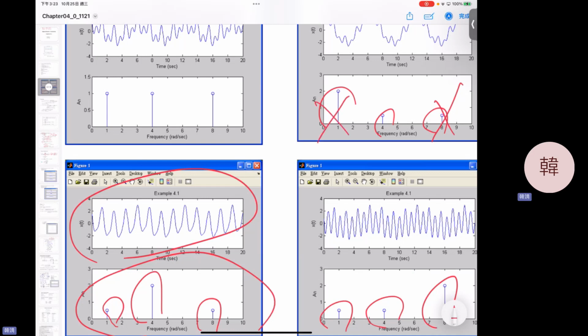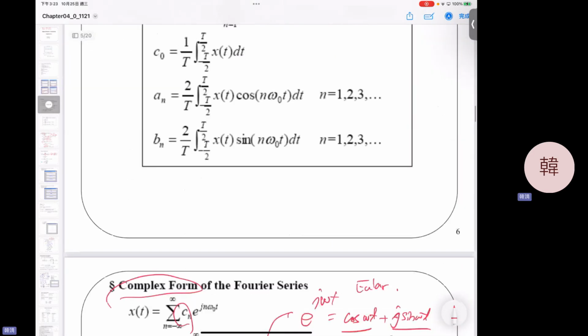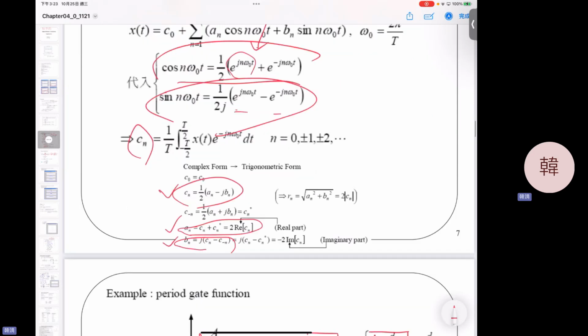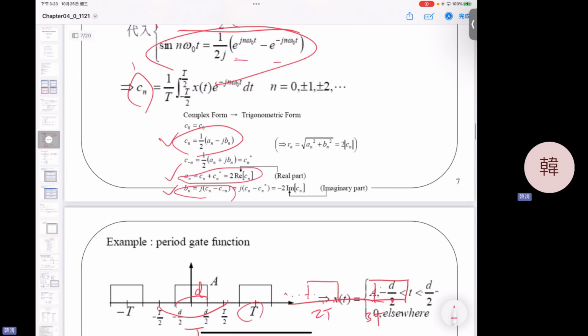It becomes a low pass filter or high pass filter, depending on your design. So what you have to know is what Cn is here. Cn is the amplitude of your frequency component, and the square is the power. We call it the power spectrum. So it's easy to calculate this way.